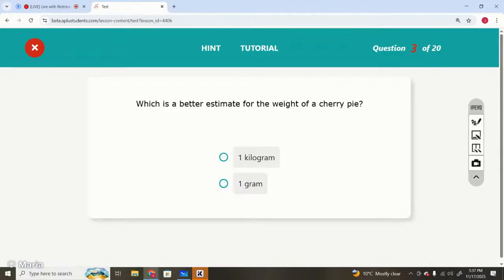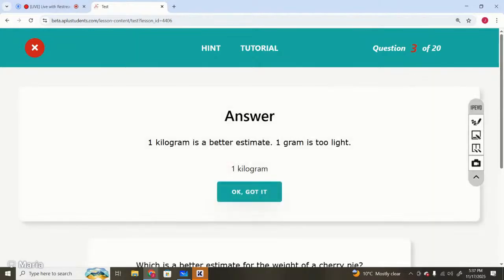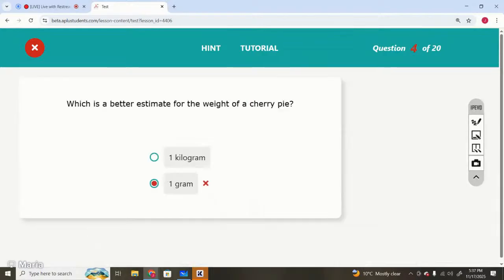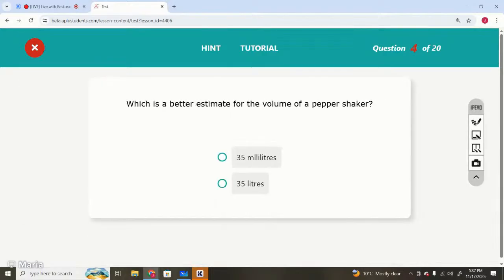Which is the better estimate for the weight of a cherry pie? It would be 1 kilogram. The correct option is 1 kilogram, not 1 gram. 1 gram is too light.